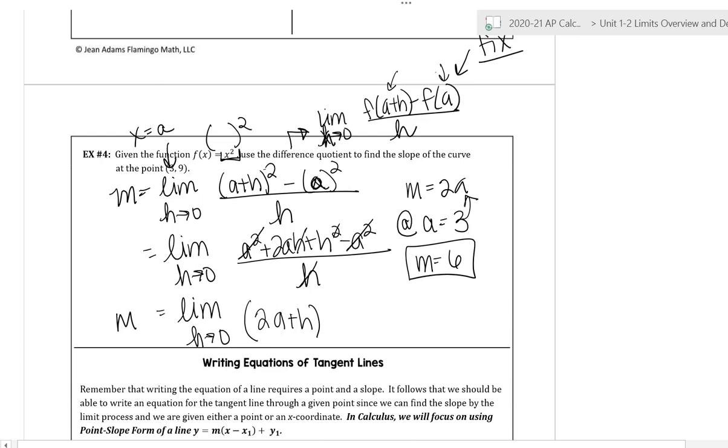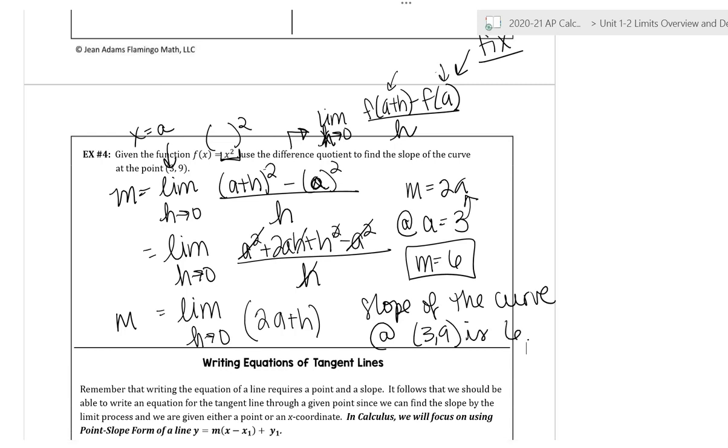So I can summarize here the slope of the curve at 3, 9 is 6. And we just use that difference quotient to change that average rate of change into instantaneous rate of change by moving the distance between those 2 points so close to 0 that it was negligible.